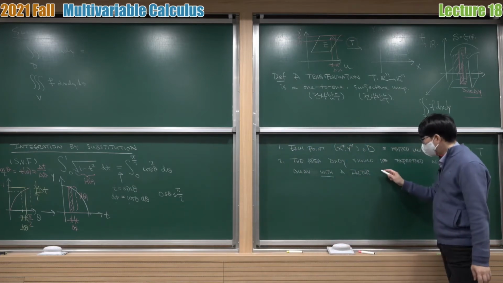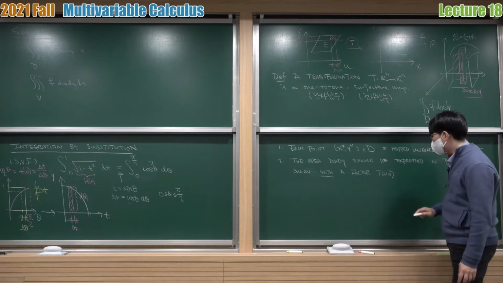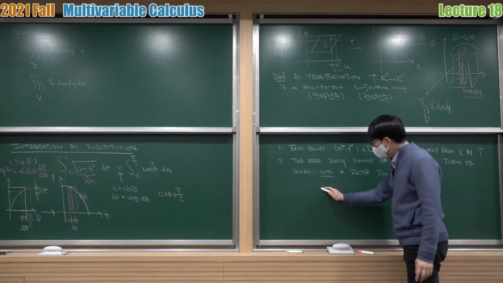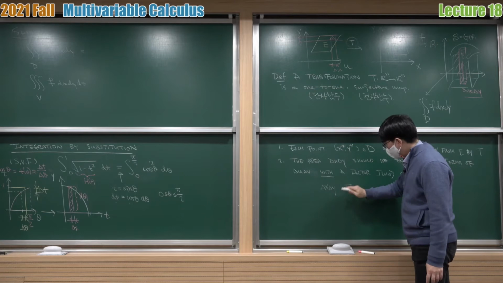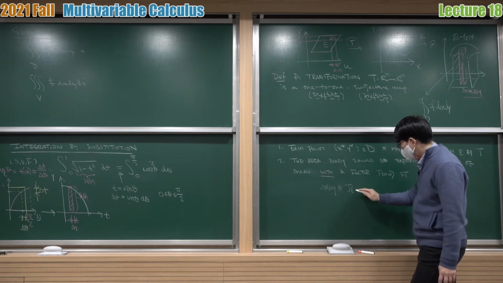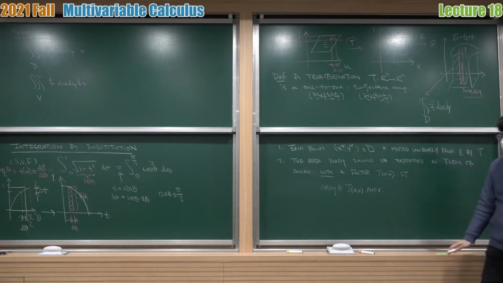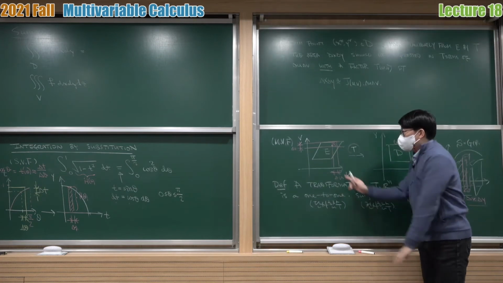That factor is called, let's say, J_uv, so that I want to replace my delta x delta y as almost equal to J_uv times delta u delta v. So this J_uv is a function of u and v.